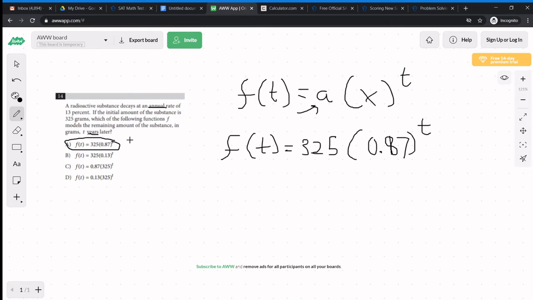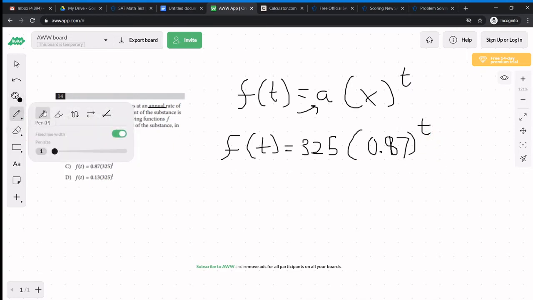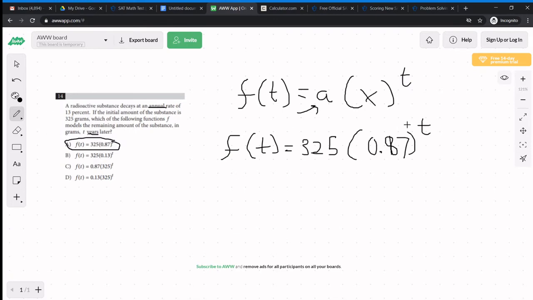And that's going to happen 99% of the time on SAT tests, but it's something to watch out for. You want to make sure that the rate is the same as the time. If this were a monthly rate, I would have to do t times 12, because instead of t years, I would have t times 12 months. If it was 1 year, then it would be 12 months, 2 years, 24 months, and so on.